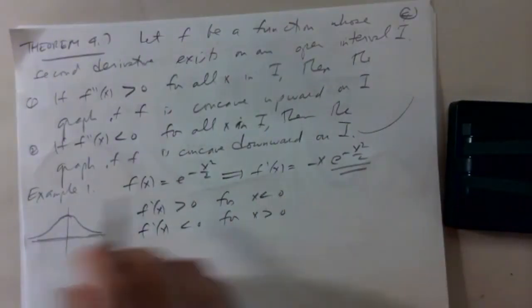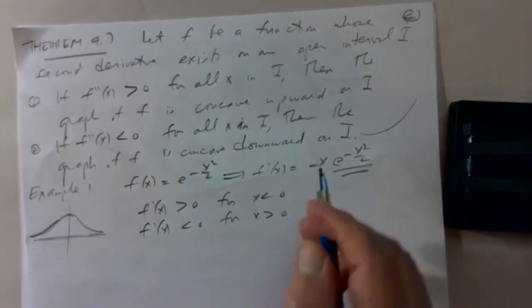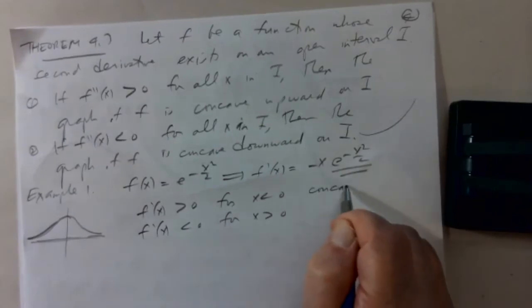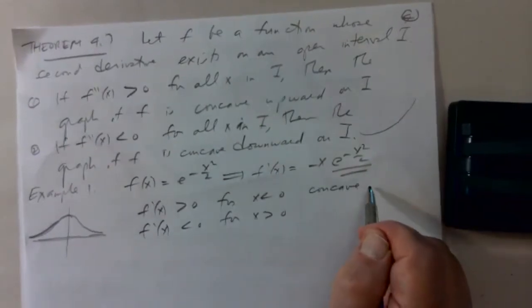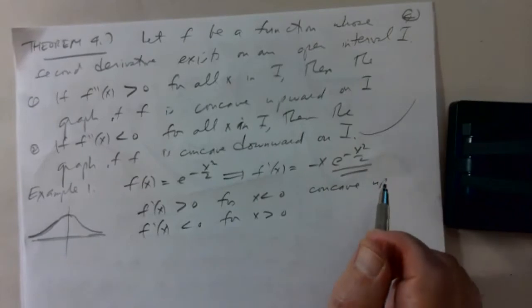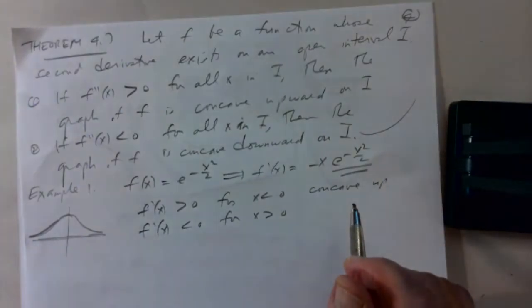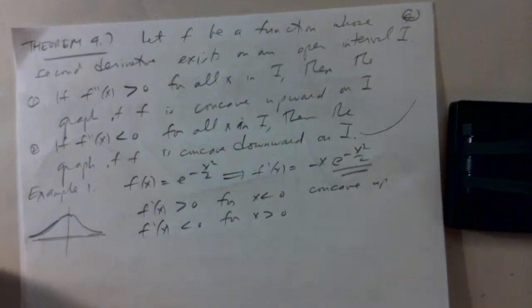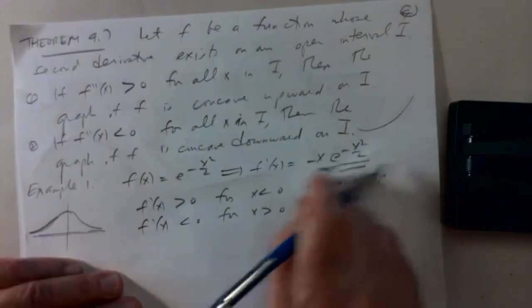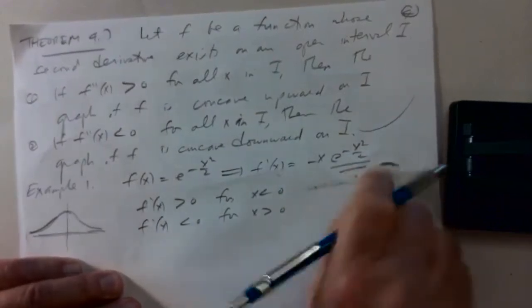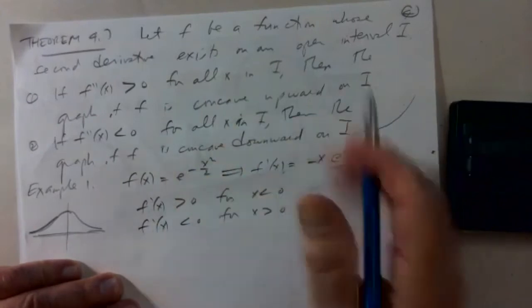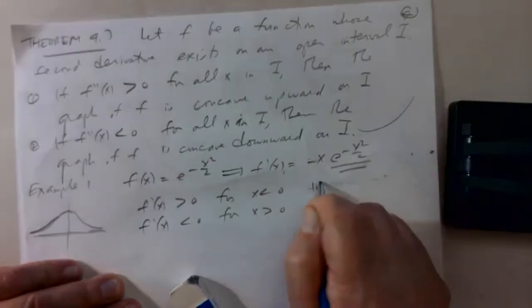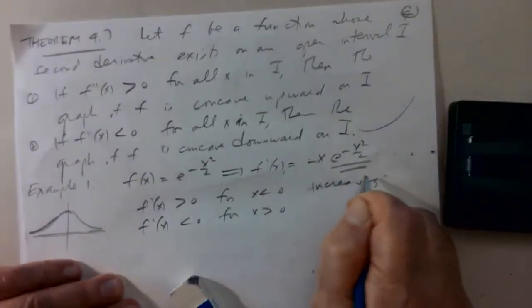Where f prime of x is greater than 0, for x less than 0, the function is increasing because the derivative is positive.